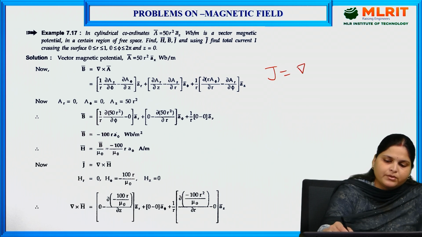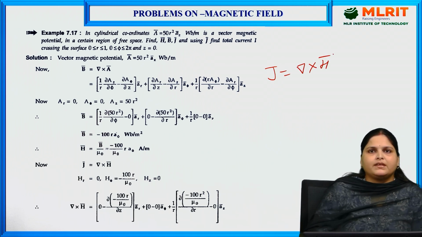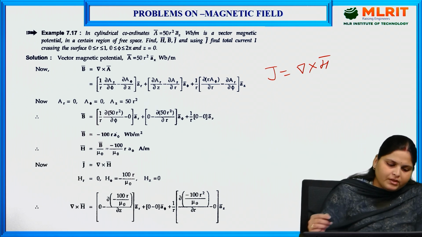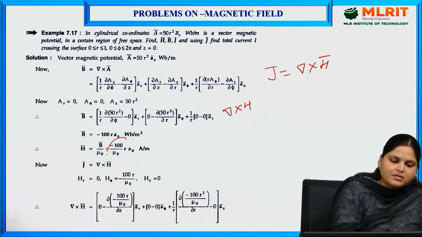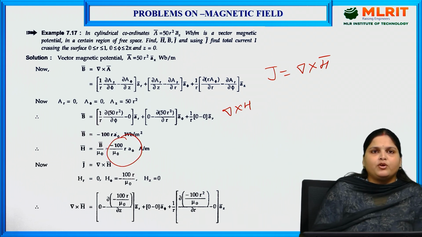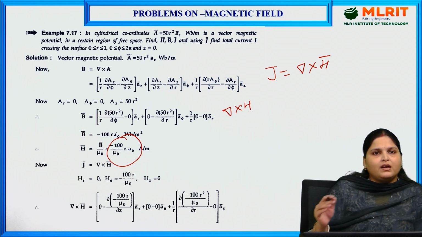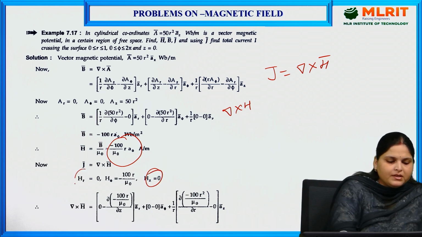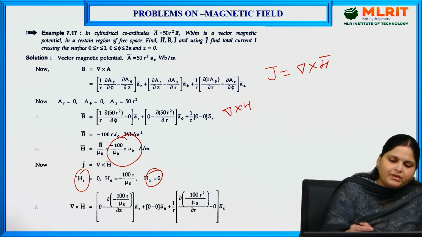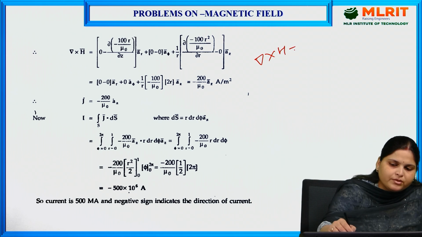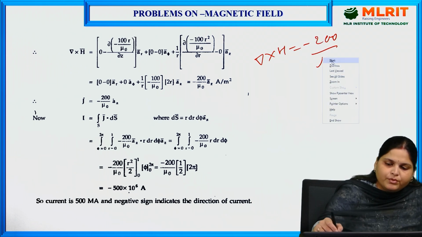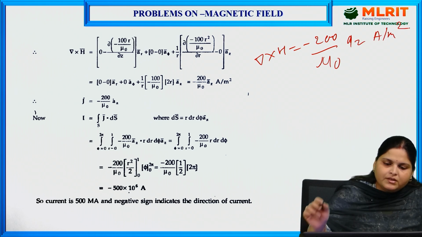We know that J is equal to del cross H. So del cross H we need to find. Again only the phi term is here because we are getting minus 100 upon mu naught r a phi. So Hr and Hz terms will be 0. So when we calculate del cross H, we will get minus 200 upon mu naught az ampere per meter square.